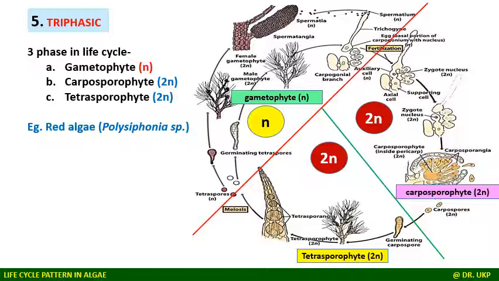In this tetrasporophytic plant body, meiosis occurs inside the tetrasporangia, forming tetraspores, which are haploid cells. Now the tetraspores fall onto the surface and germinate, which gives rise to the male and female gametophytic plant body.